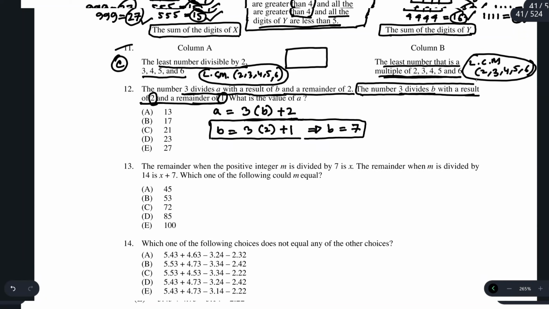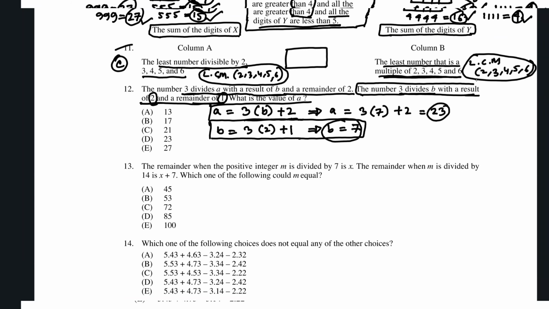And since B equals 7, from the first equation we can write A as 3 multiplied by 7 plus 2, so A equals 23. So the answer for question 12 should be 23, or D.